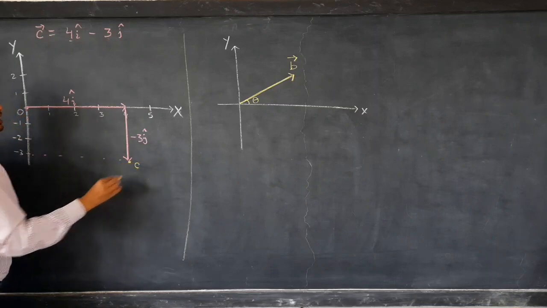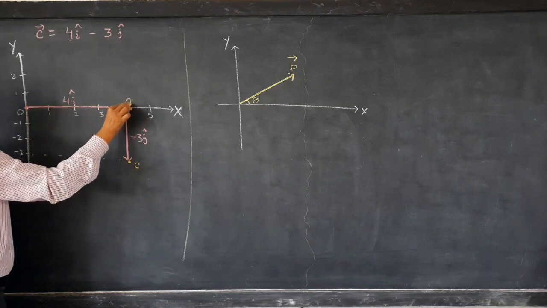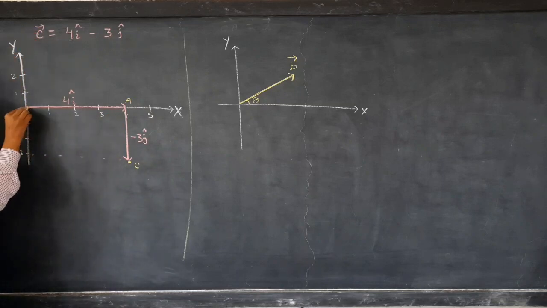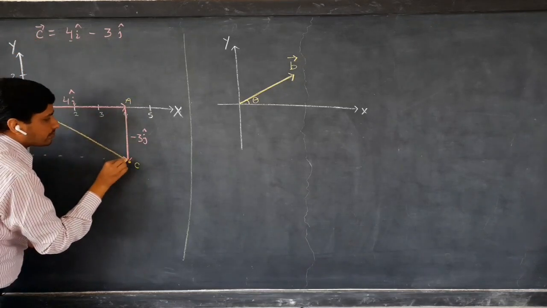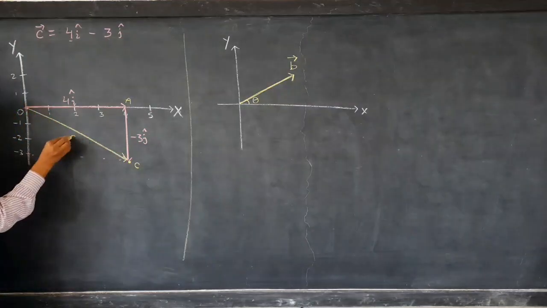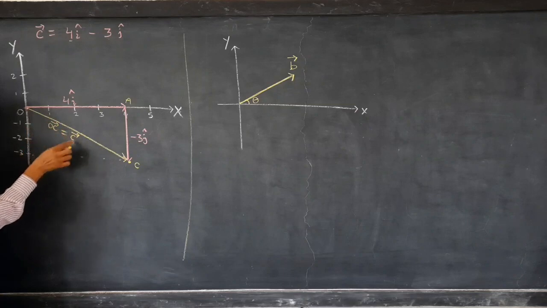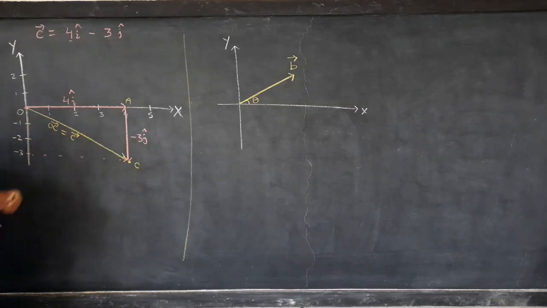This point I'll call as C. This is O, suppose this is A, this is C. Then this C vector is this one, OC. This we write as C vector, and this we can also write as OC vector. This C will be small, this is capital. Actually, I should write it a bit bigger, but I hope you understand that.